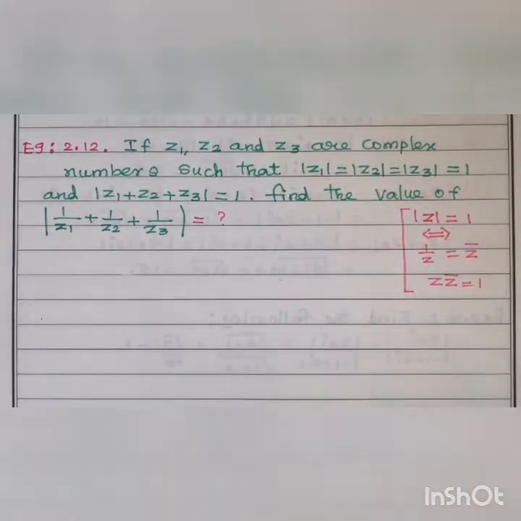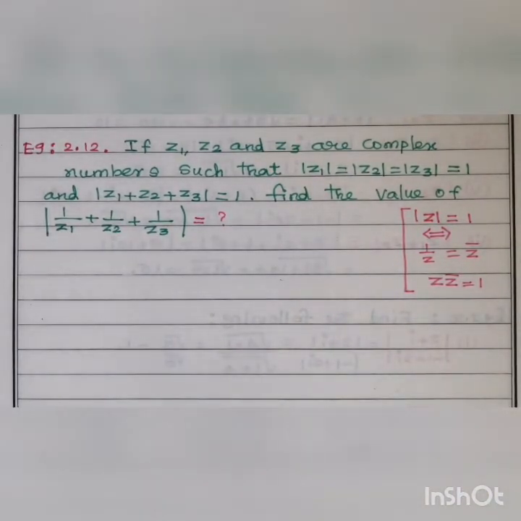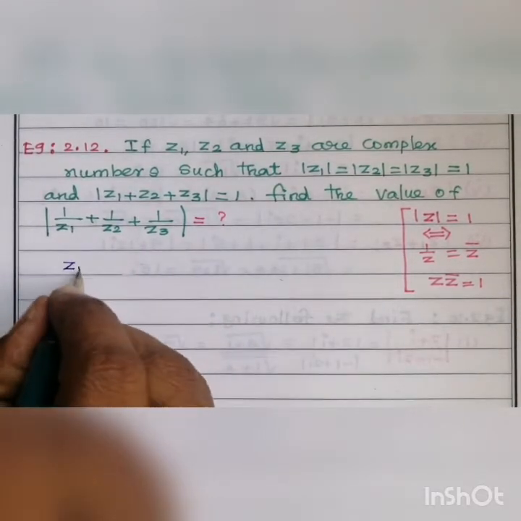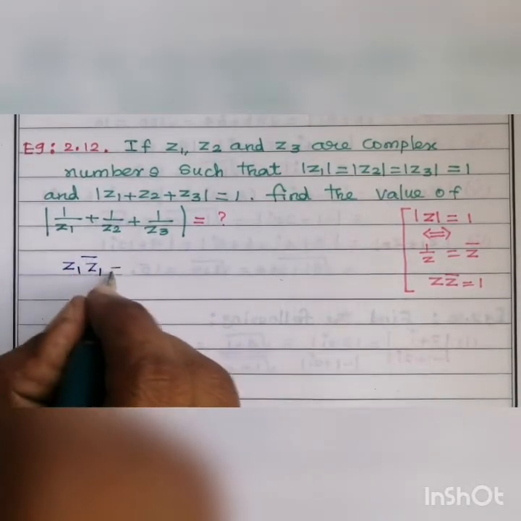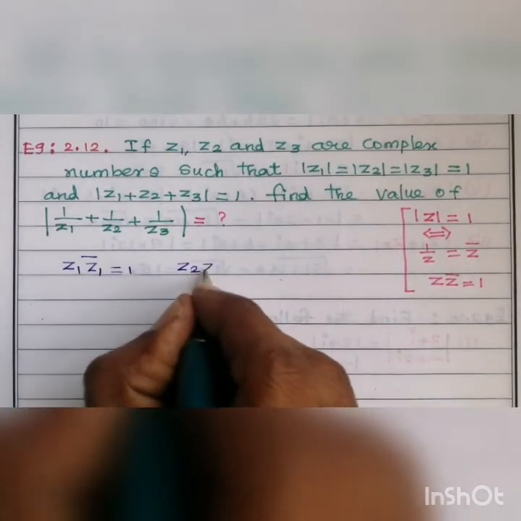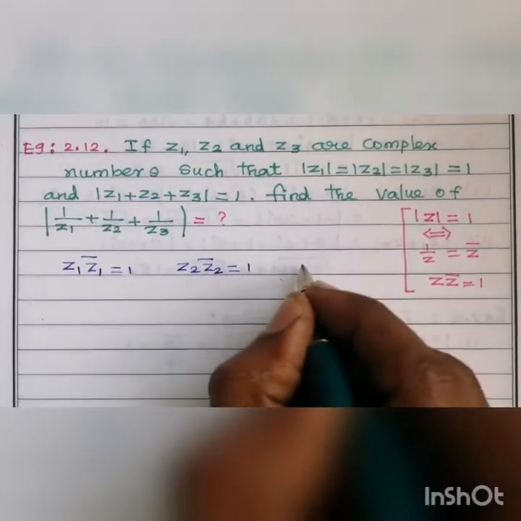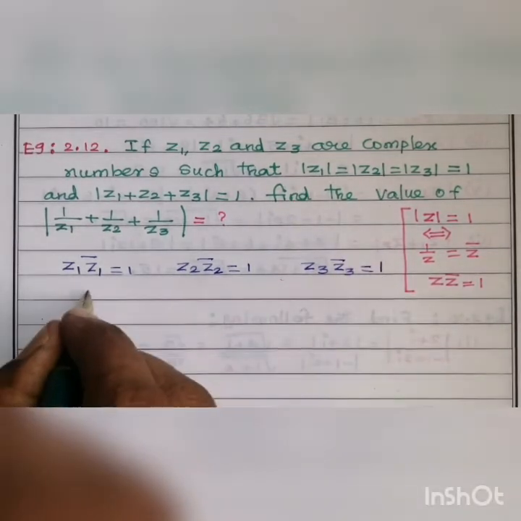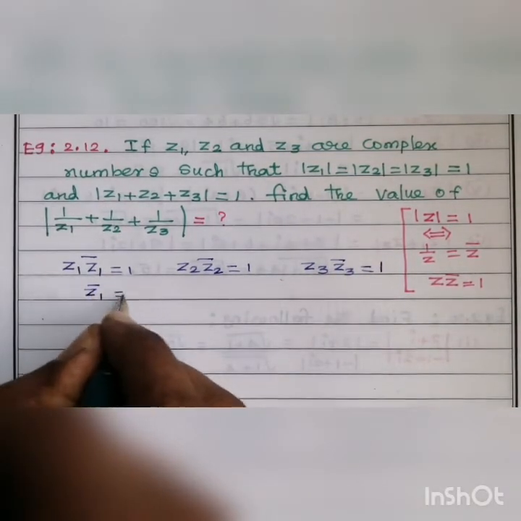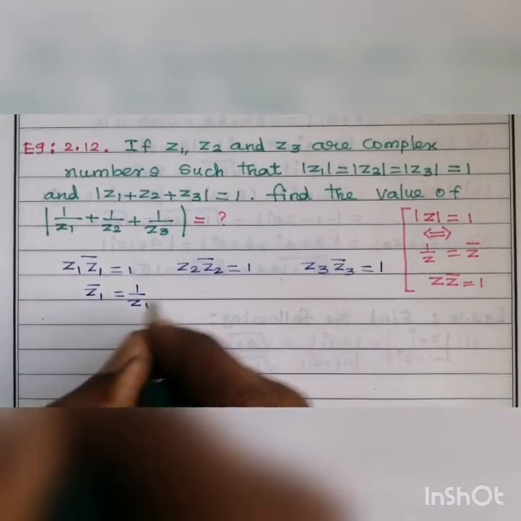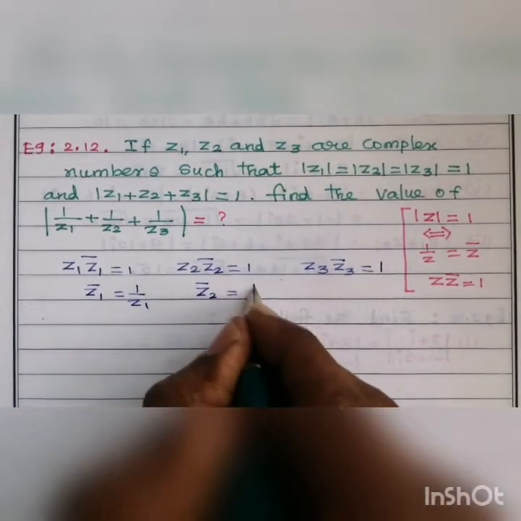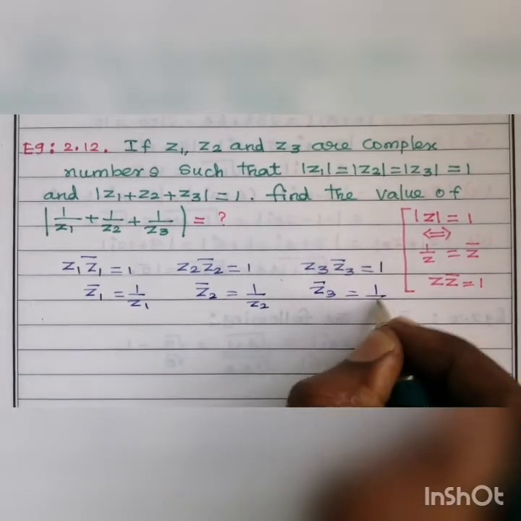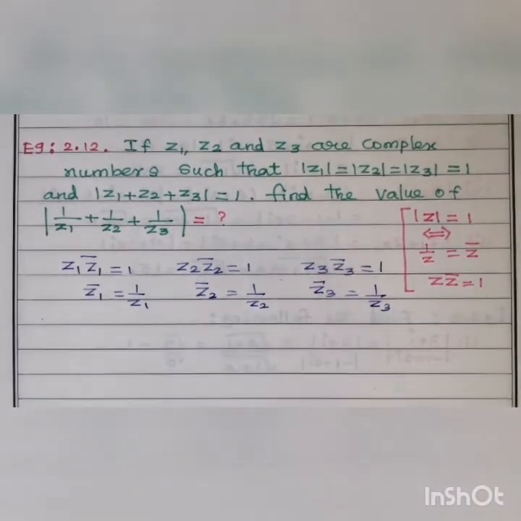We know that result. Now, z1 bar equal to 1 by z1, z2 bar equal to 1 by z2, z3 bar equal to 1 by z3.